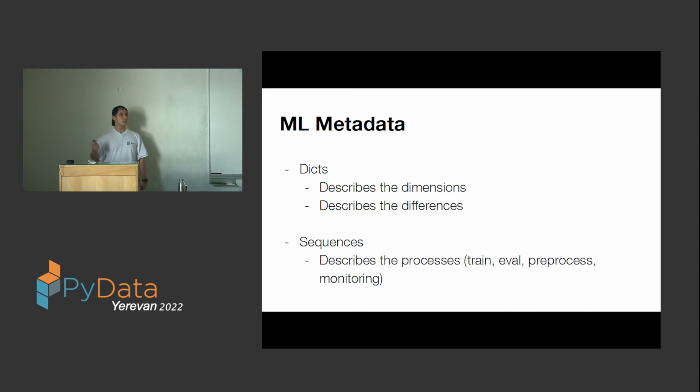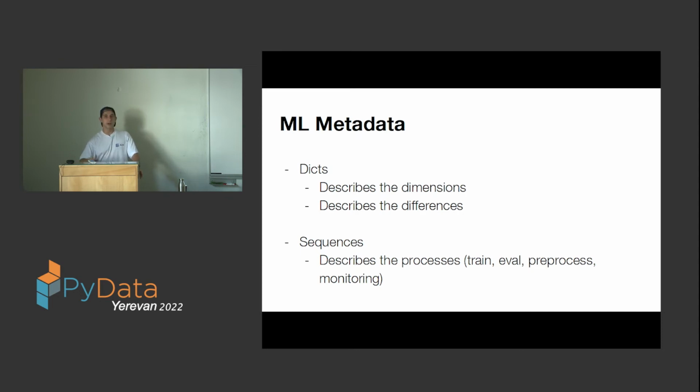Up until production monitoring, you still track lots of metrics. Basically, you try to track as much information as possible about anything ML to make sense of things. Sometimes locally, like training, and sometimes end-to-end, because these things are costly, so you want to be on top of them. So ML metadata could be of two types. First, dictionaries. Dictionaries describe the dimensions of, for instance, your machine learning training.